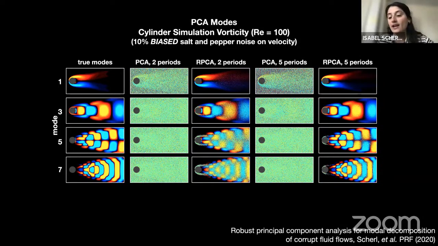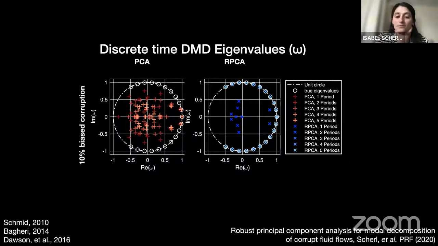So if we look at the discrete time DMD eigenvalues, so these are eigenvalues from performing DMD on our data. If we look at them for the data matrix on the left, the plot with the red crosses, you can see that most of them are clustered around the origin.